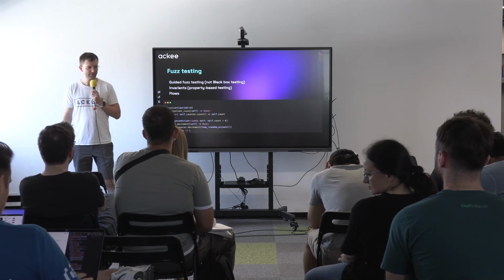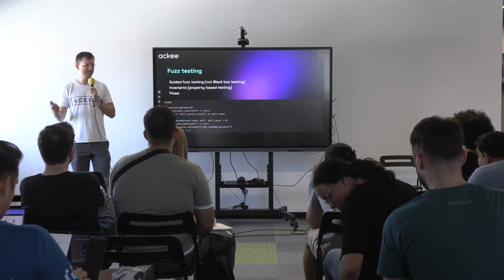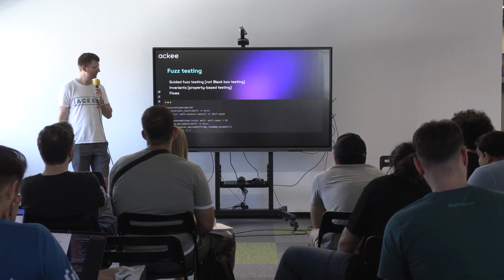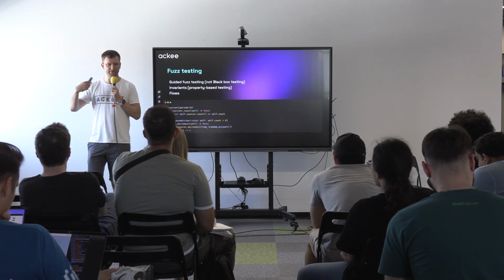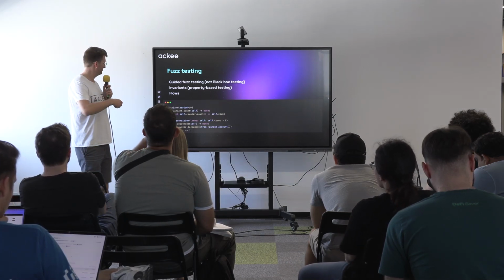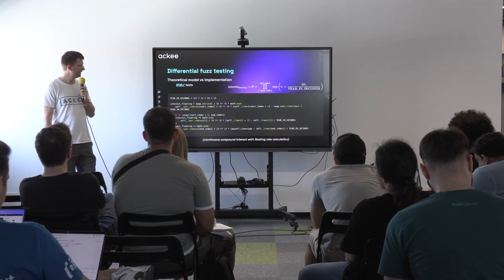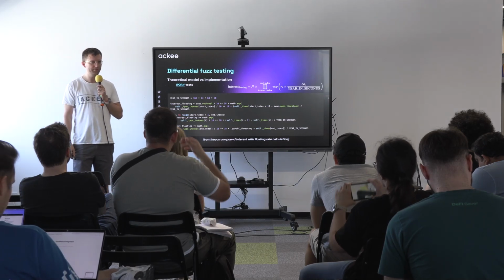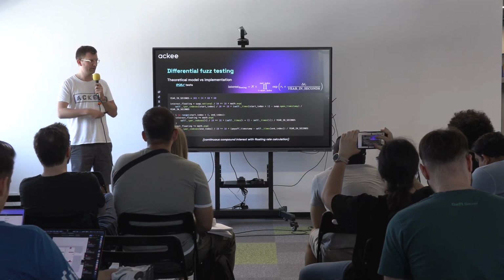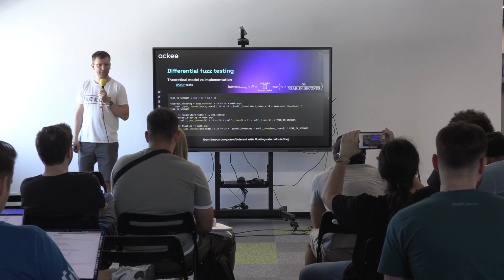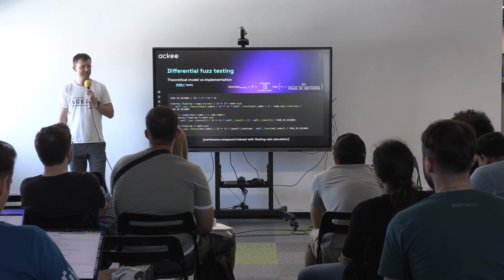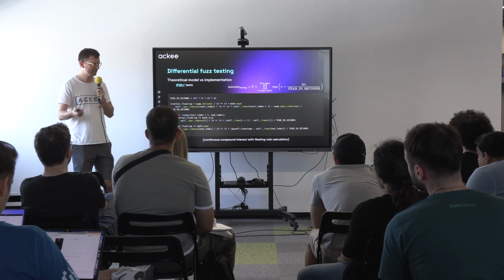Of course, it needs some tester interaction, so he needs to write the code. But then the fuzzing campaign takes maximum hours, even on the local node. And we can do more. Maybe you're familiar with differential fuzz testing. It's fuzz testing against some model.